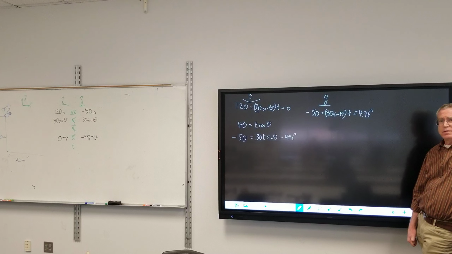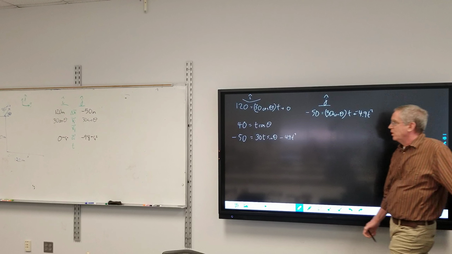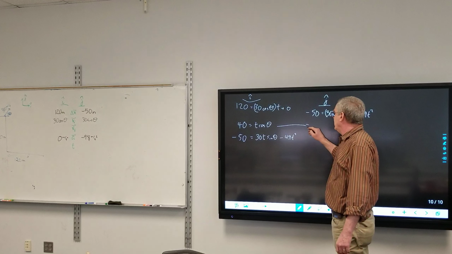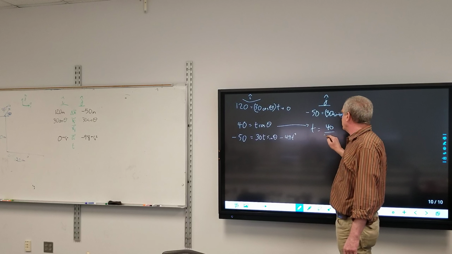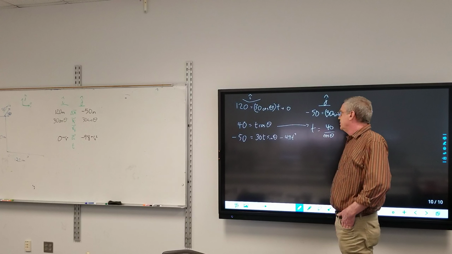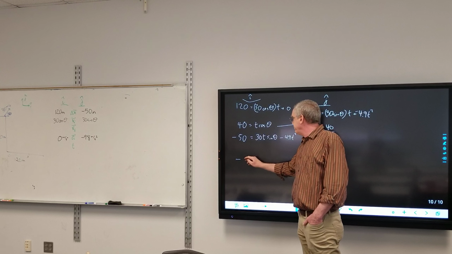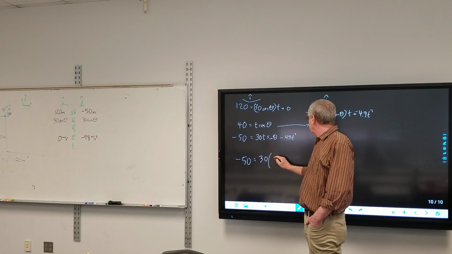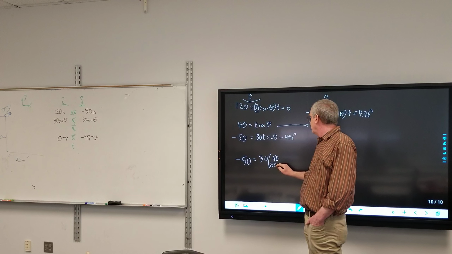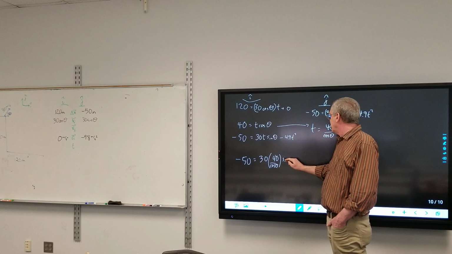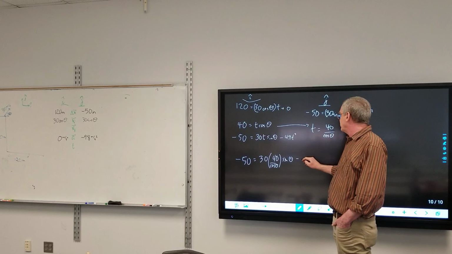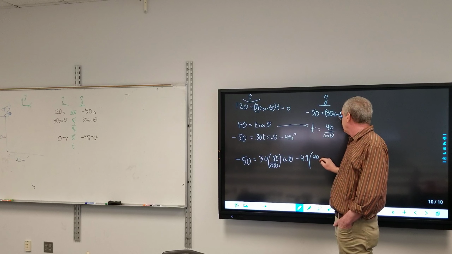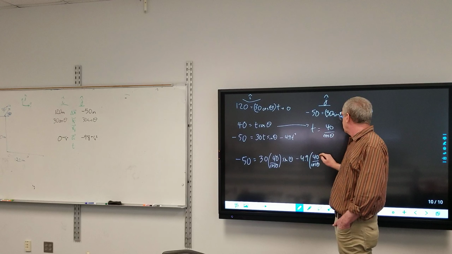So what's another technique? Could we set that 40 equals t cosine theta to t equals whatever? Solve for t? A substitution, all right, so t equals 40 divided by cosine of theta. Plug into here, I get -50 equals 30 times 40 over cosine of theta times sine of theta minus 4.9 times 40 over cosine of theta squared.